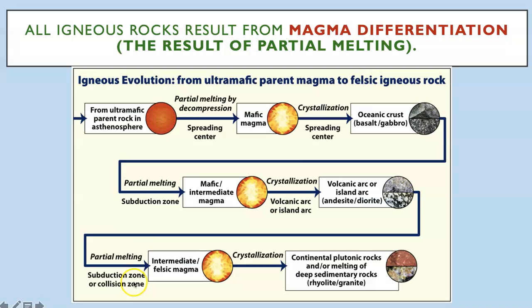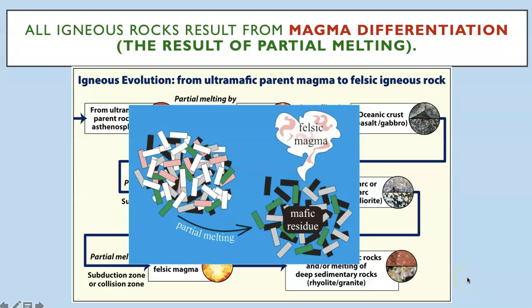If we partially melt those, again, felsic material preferentially melts and leaves, and now we're going to have a felsic magma that will give us granites and rhyolites, which are felsic rocks. That was the whole point behind this picture on rock video 6b.1. We have a whole bunch of different minerals in a rock. If we partially melt it, the mafic material stays behind, and the felsic material melts and goes into the magma stage.